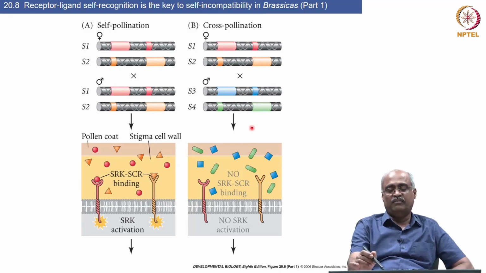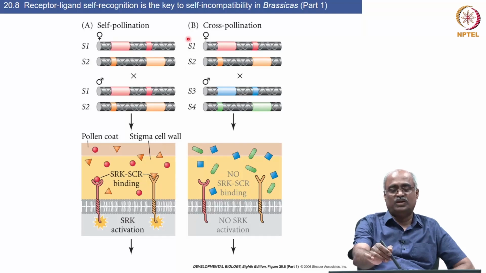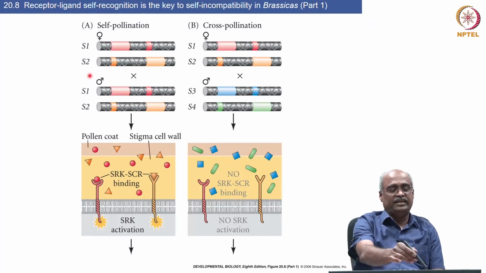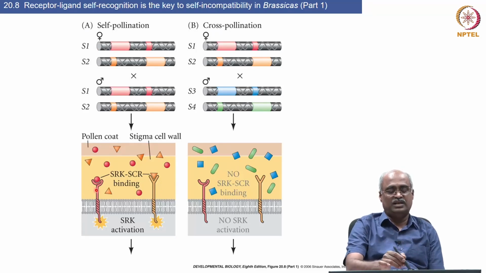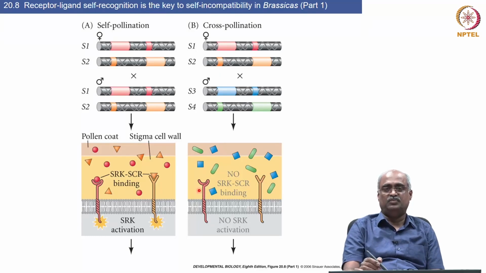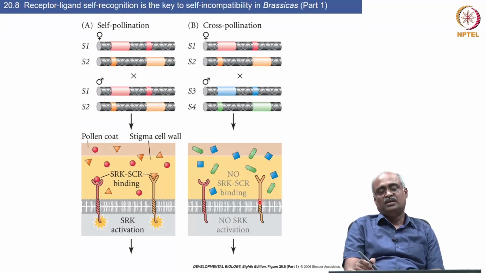Whereas when the pollen that lands on the stigma is from a different genotype, like this is S1 S2, this is S3 S4, here you have two shapes to indicate that it is a diploid, and therefore two kinds of ligands are possible, and similarly you can have two kinds of receptors. So the two kinds of ligands come, and you find that their shape does not fit the receptor present in the stigma. As a result, there is no activation of the downstream signals that lead to the rejection.